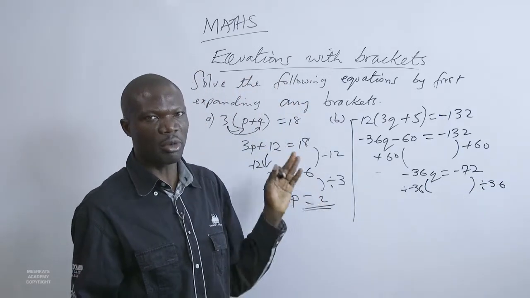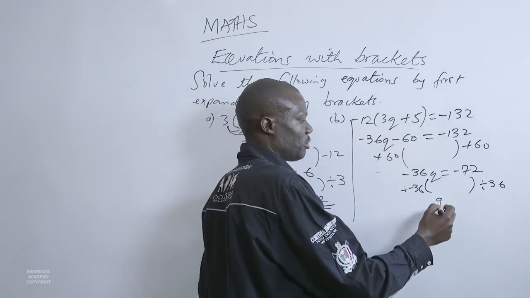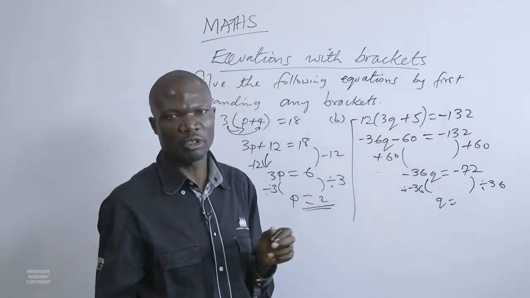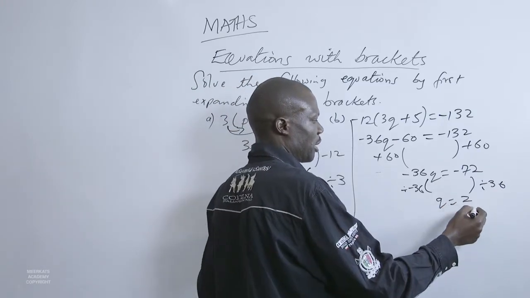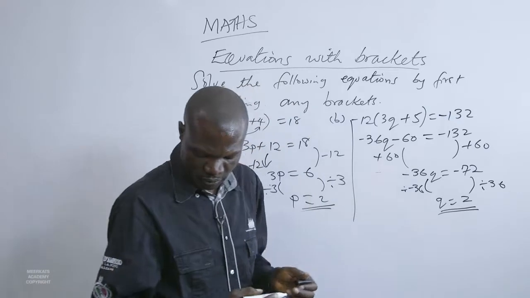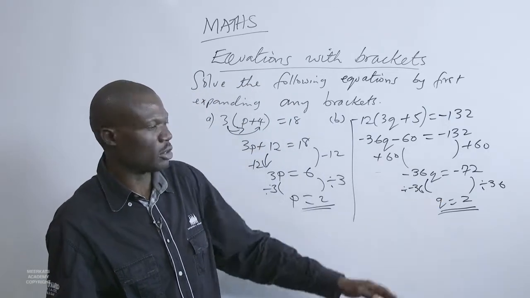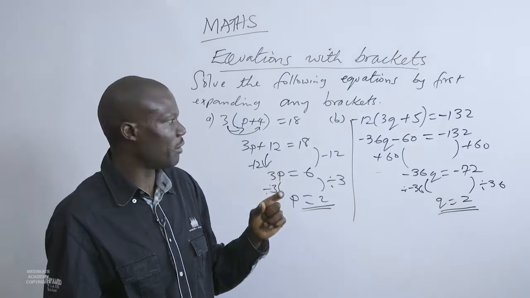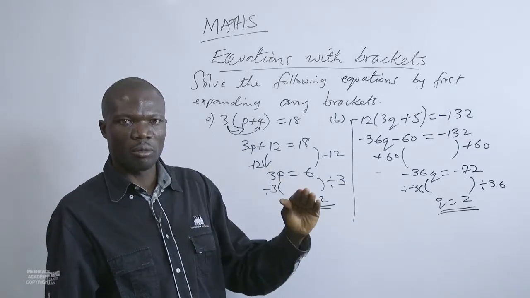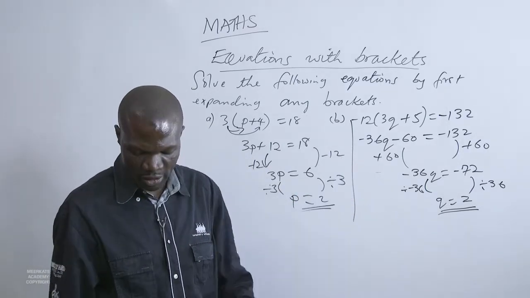Minus 36 divided by minus 36 will give us a positive. So we have q equals minus 72 divided by minus 36. This one goes there twice. So you find that the value of q equals 2. The procedure is very, very important. The brackets first: expand them, then move ahead and solve.